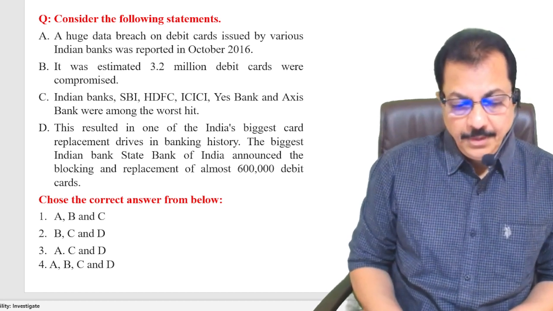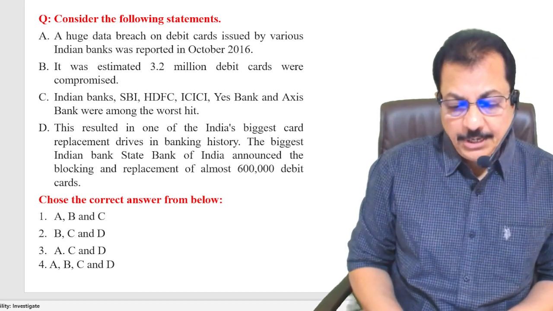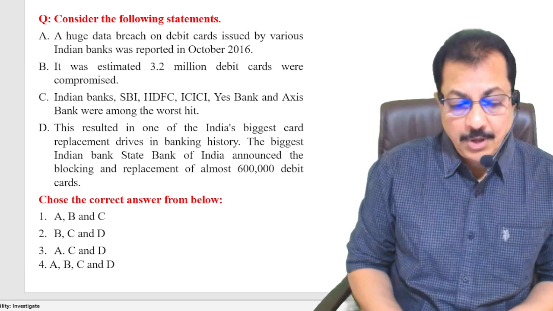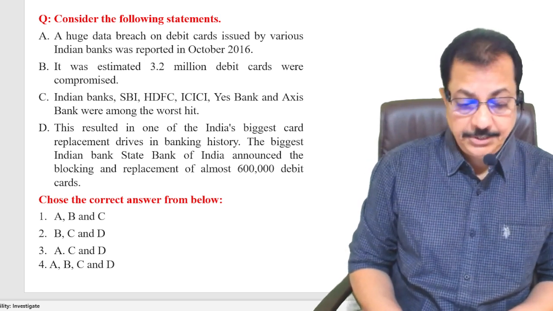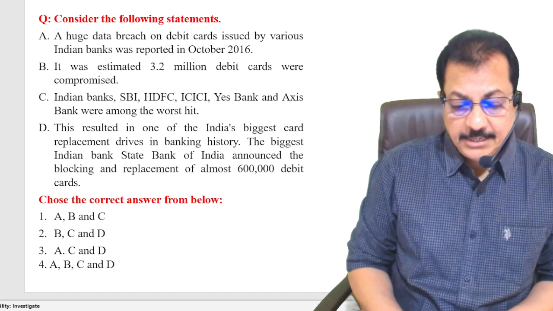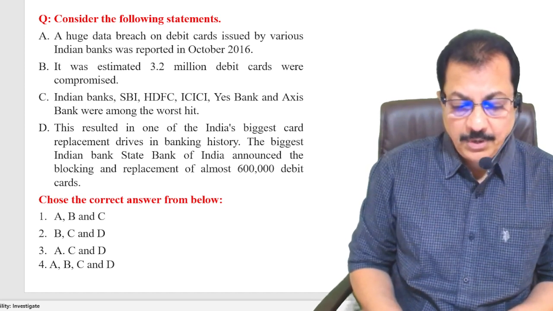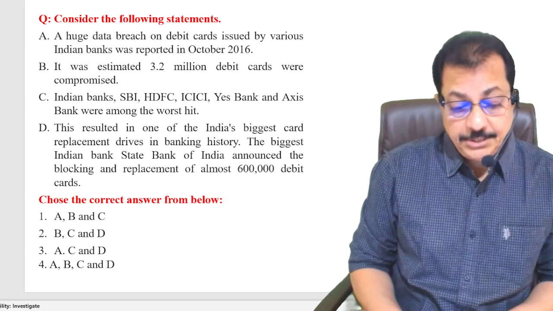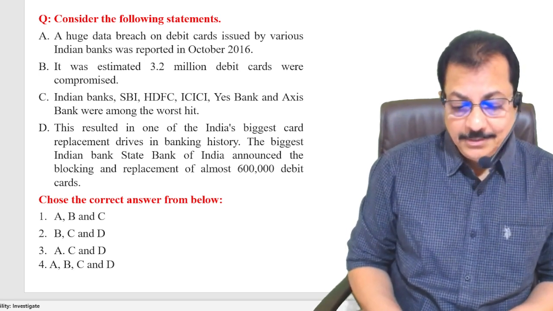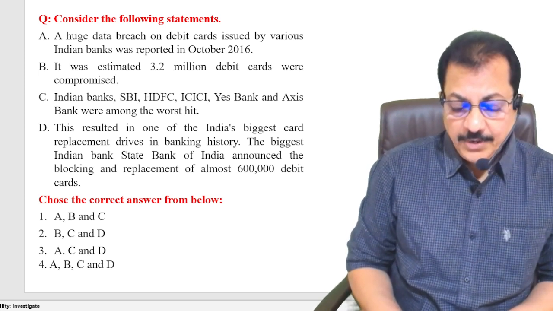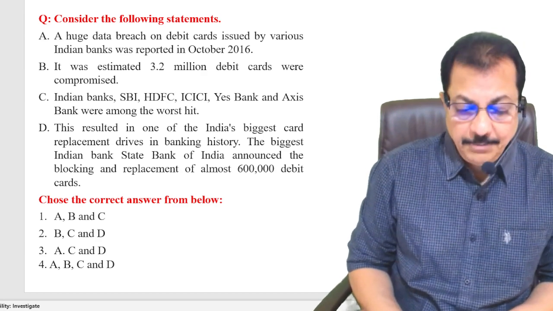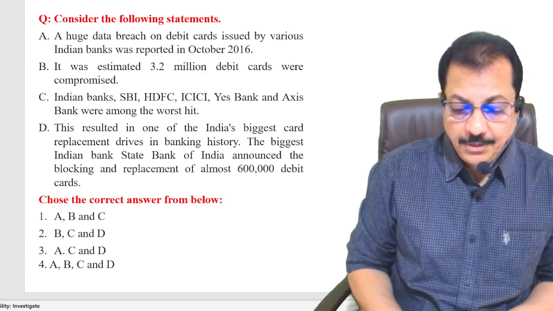It was estimated 3.2 million debit cards were compromised. That is also correct. Indian banks SBI, HDFC, ICICI, Yes Bank and Axis Bank were among the worst hit. That is also correct. This resulted in one of India's biggest card replacement drives in banking history, right?